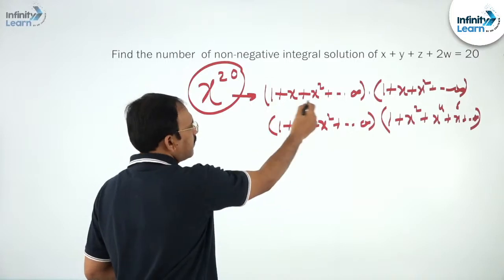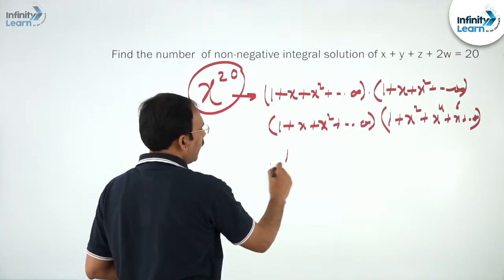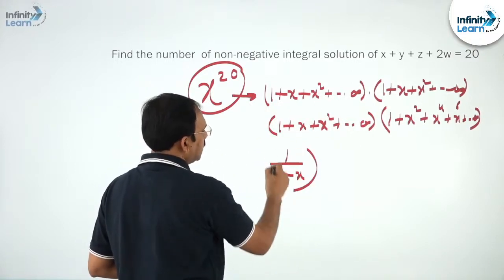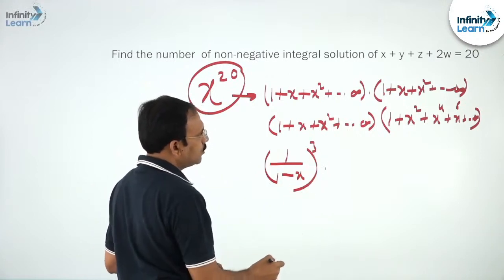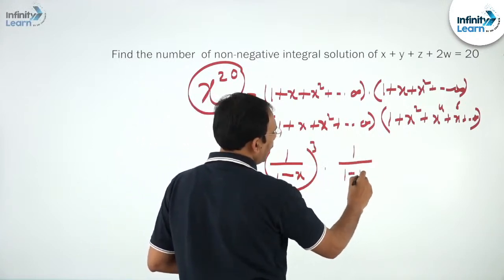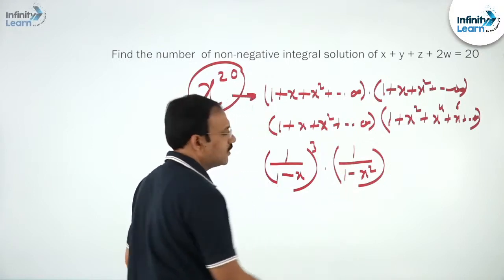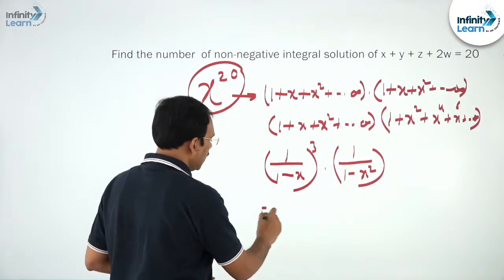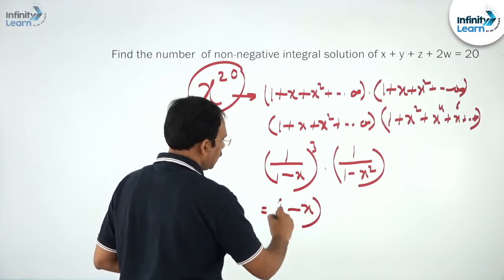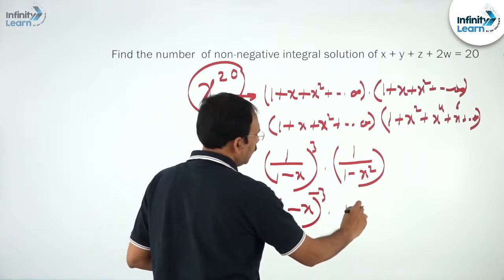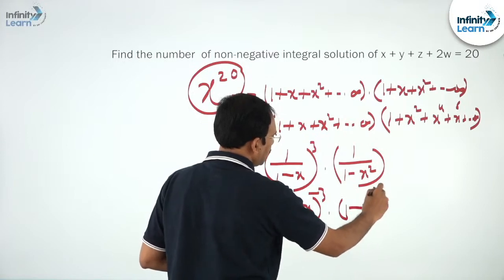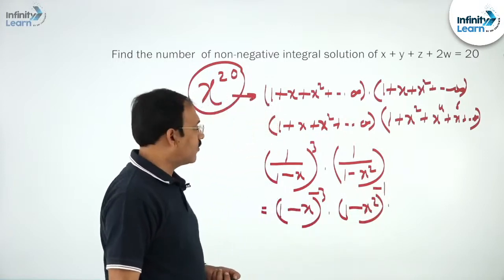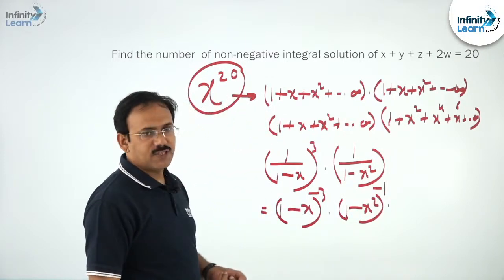So you see, by GP this is 1 by 1 minus x, such 3 terms are there, into here also 1 by 1 minus x square, right. In this you need to catch the coefficient of x power 20. So you can write, friends, 1 minus x whole power minus 3 into 1 minus x square power minus 1. I think you can try to find the coefficients like this.